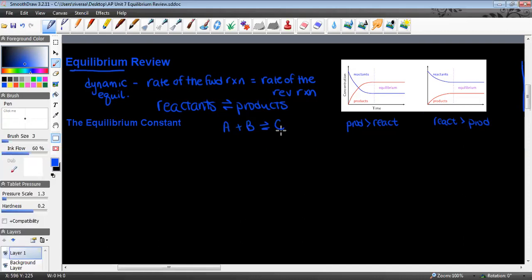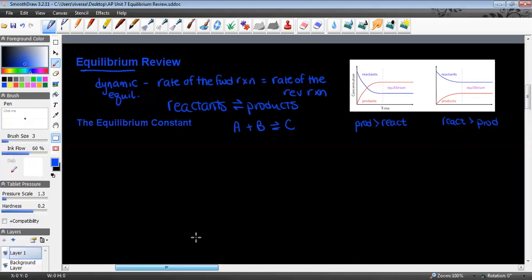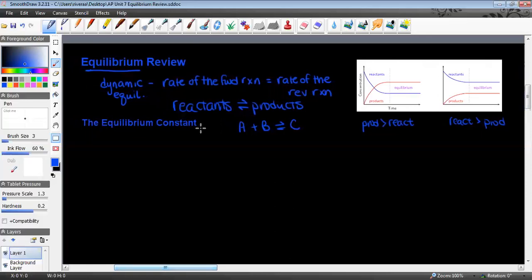But if you start off with a mixture of all of these, we can predict which way the reaction is going to go. The way that we determine whether we're going to have more products than reactants or more reactants than products is with our equilibrium constant, generically speaking, KEQ.